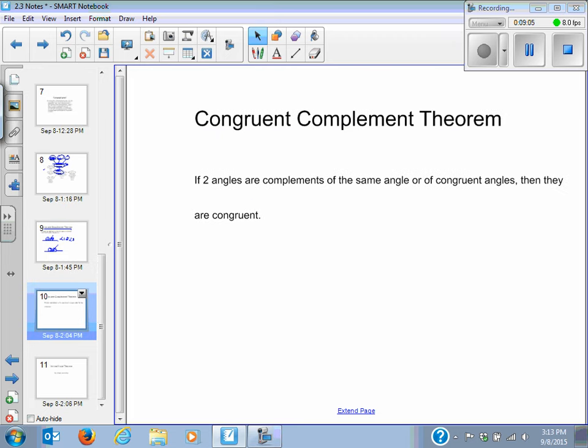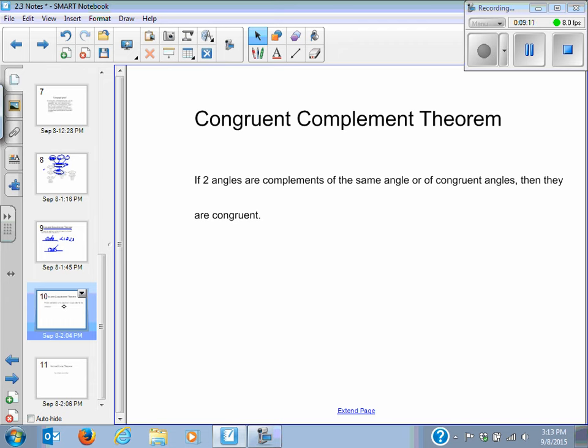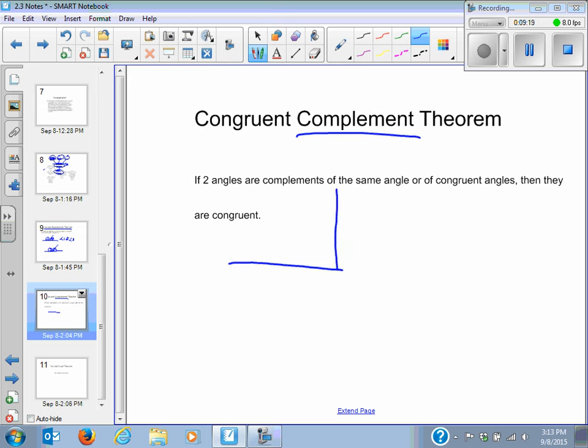Congruent complement theorem is the same thing. The only difference between these two, the supplement and the complement, is, hopefully you realize that this is complement. That means it's not going to add up to that line. It's going to be a 90-degree angle. And so again, we can use 1 and 2 here, and then over here we can use 2 and 3.